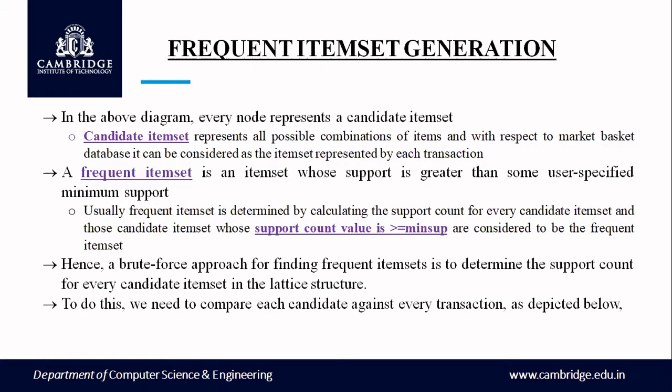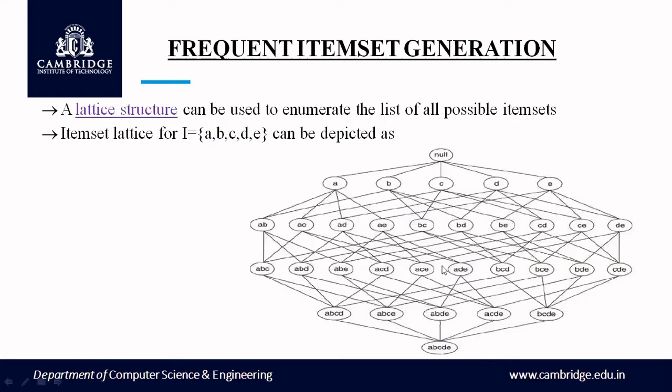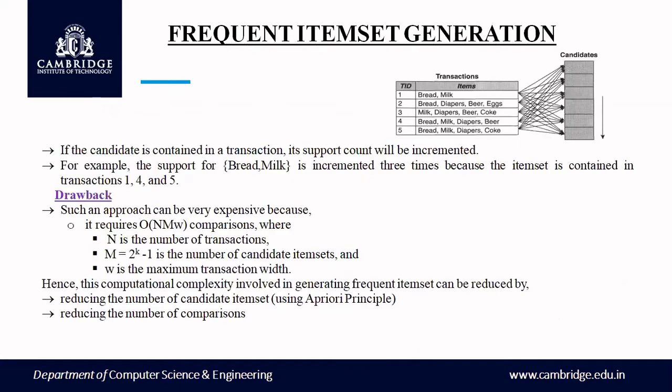Having listed out all these candidate item sets, in order to find the frequent item sets in an easier manner, we utilize the Apriori principle. Prior to that, as in any new approach, the basic approach followed is the brute force approach.